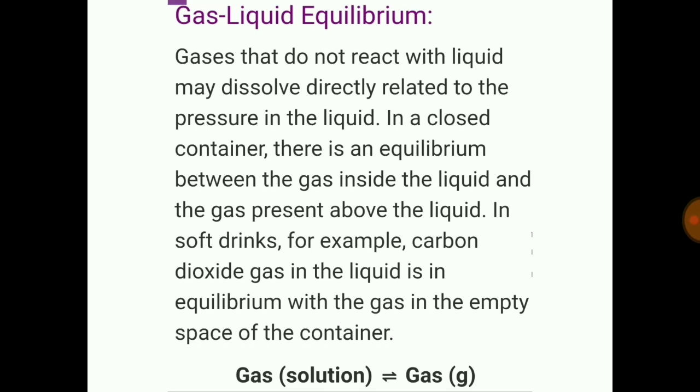In soft drink bottles, we have some empty space above, and the carbon dioxide gas in the liquid is in equilibrium with the gas in the empty space of the bottle.